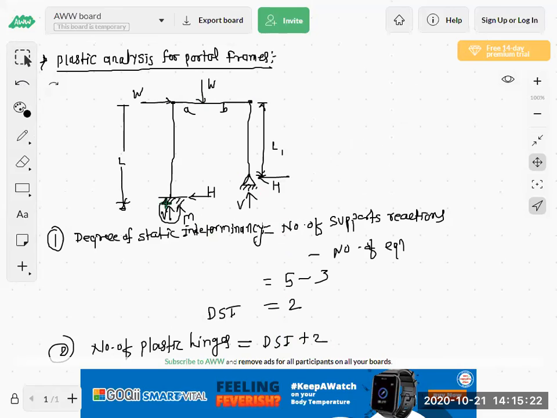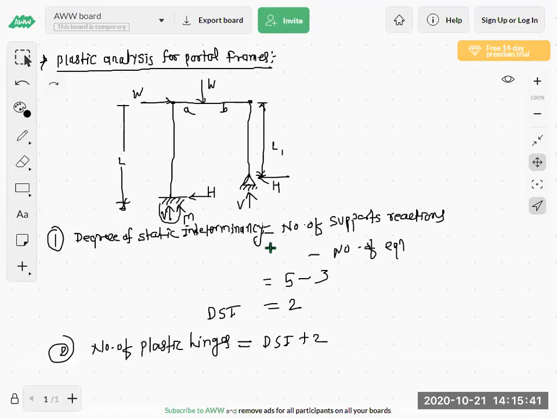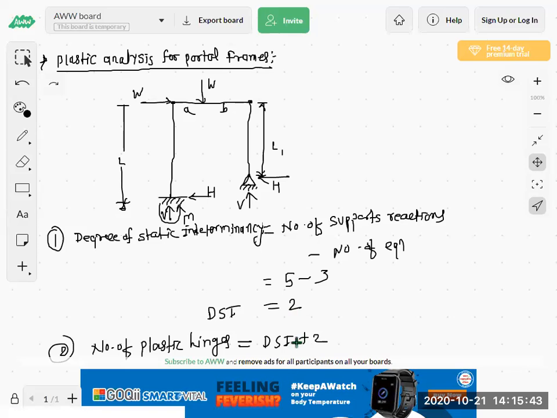Why these 2? Because at this joint and this joint, at least 2 plastic hinges should form. Are you getting? If DSI is more than that, then the number of plastic hinges should increase. Now here if DSI is 0, then 0 plus 2, at least 2 plastic hinges should be there.